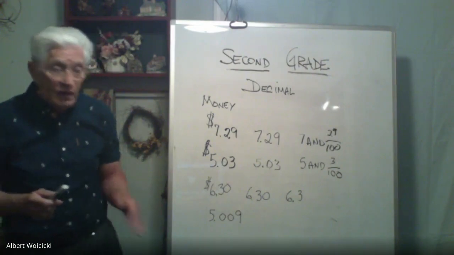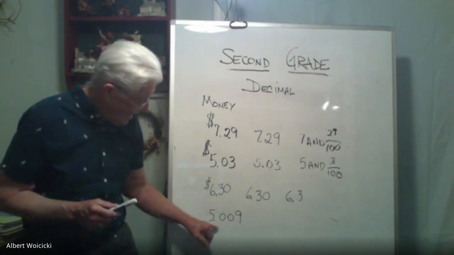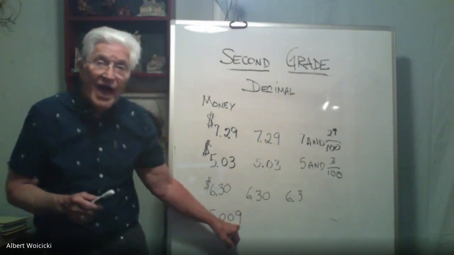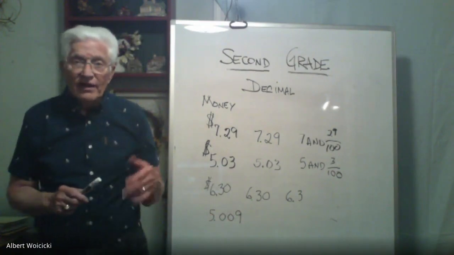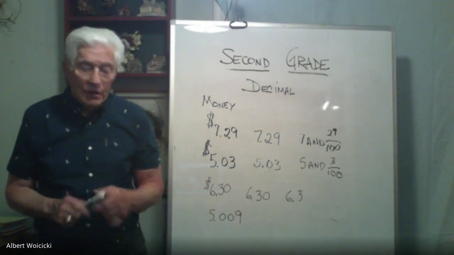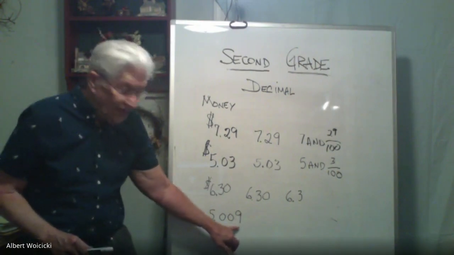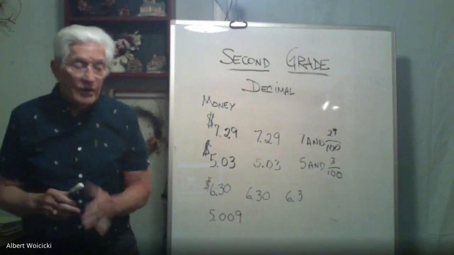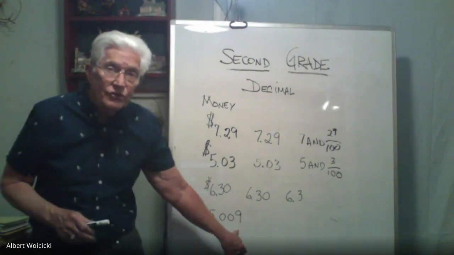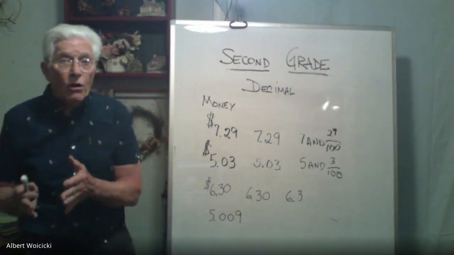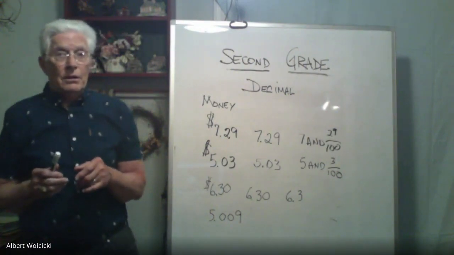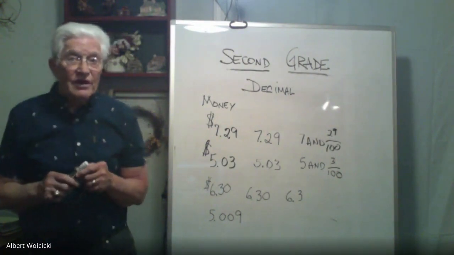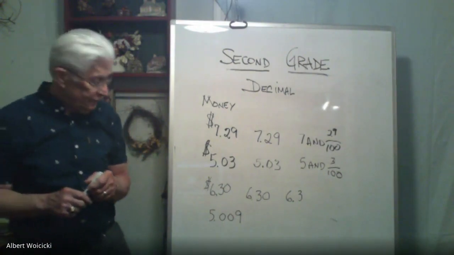Now, hopefully, they've written down 5 and 9 thousandths. Tenths, hundredths, thousandths. Again, it's number sense. This is in the thousandths place. It's a small number. It's a tiny number, 9 thousandths.